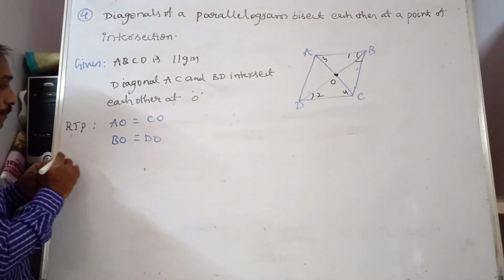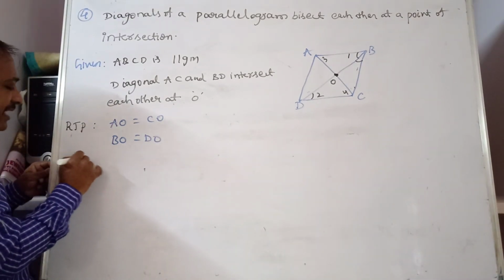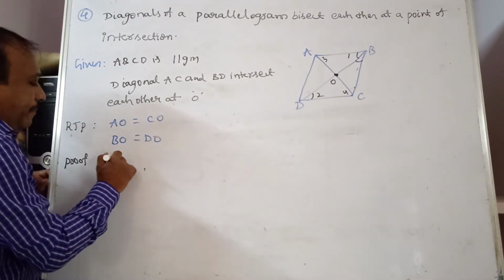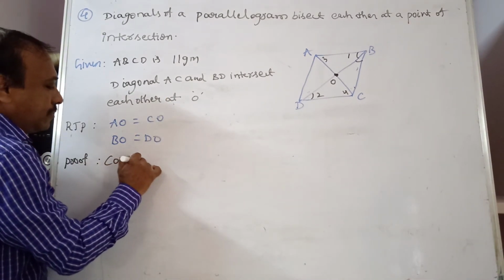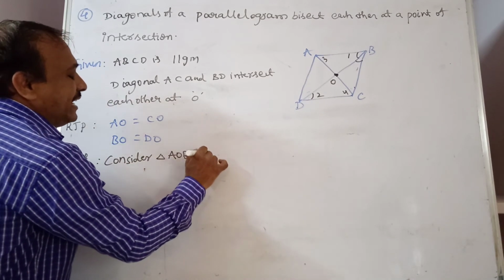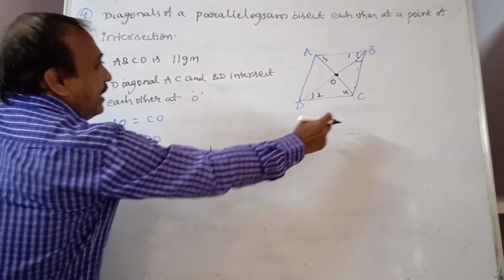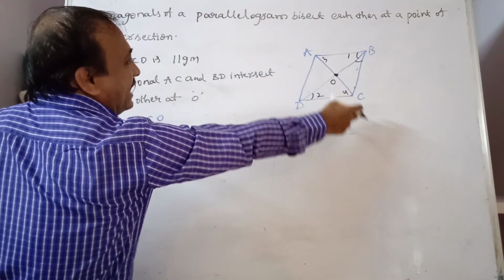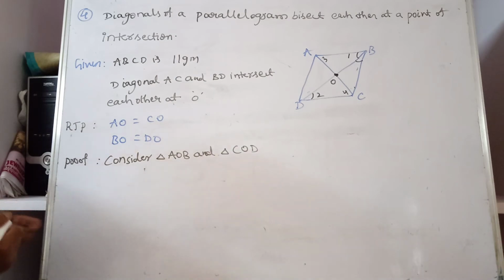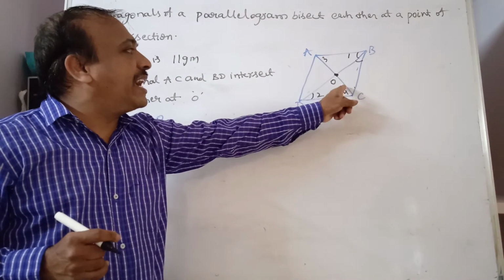Next, proof. Observe it. Consider triangle AOB and triangle COD. In that, angle 3 is equal to angle 4.